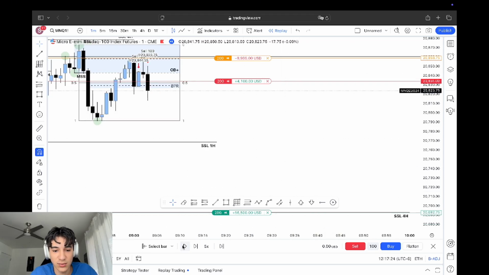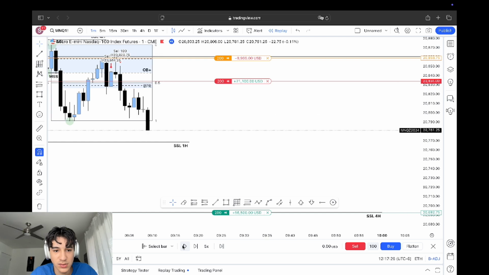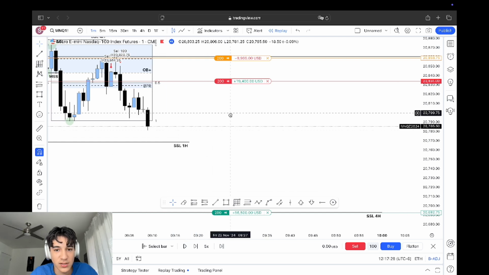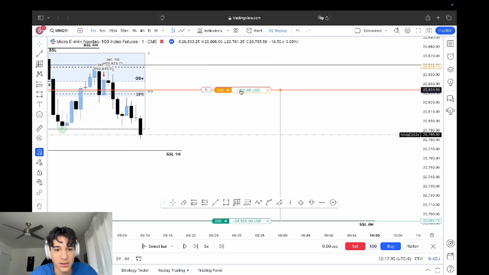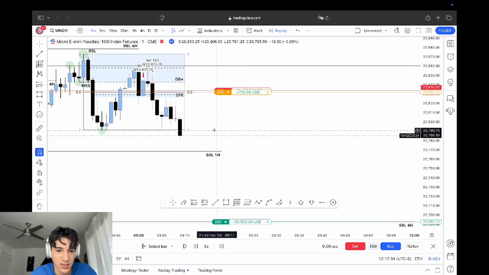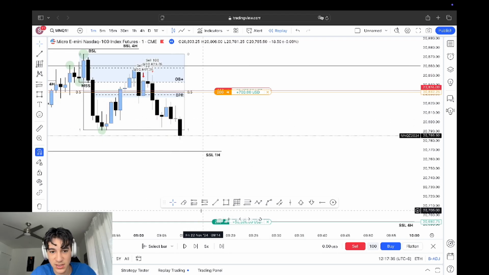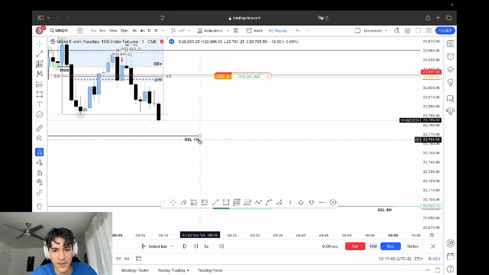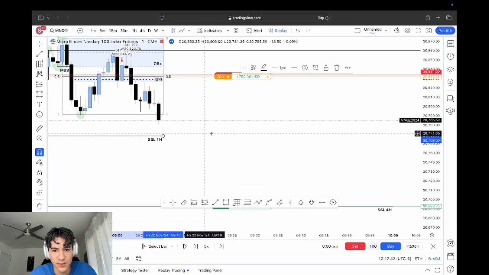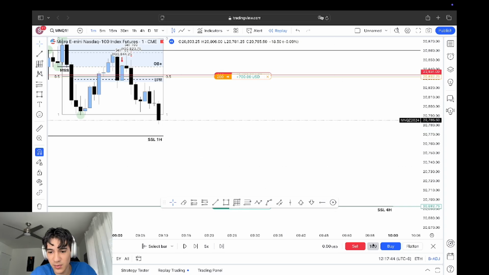Price will probably take out most. We see that we push out of this range. I'm going to move this here into the equilibrium because I expect price to just want to continue to go, since we rebalanced price already. Here's our liquidity. If this gets hit, I'll probably take out like 70% of my original position, so that'd be like this.